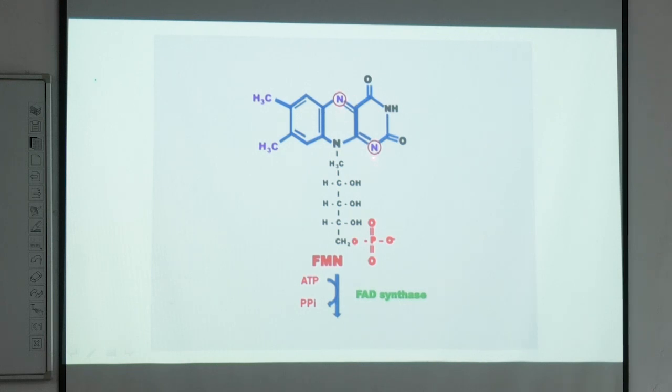Why are these two N marked? Anyone? The reduced coenzyme form of FMN is FMNH2. The reduced coenzyme form of FAD is FADH2. So these two hydrogen atoms are attached to these two nitrogens. That's why these nitrogens are marked.